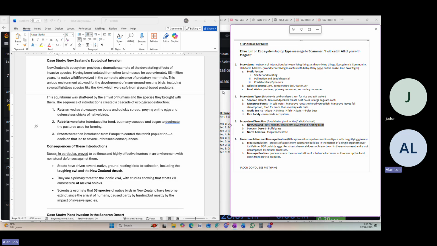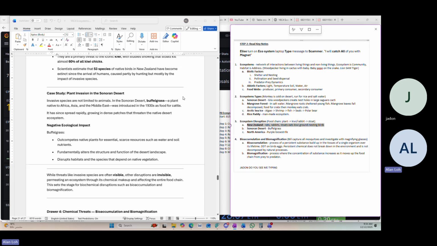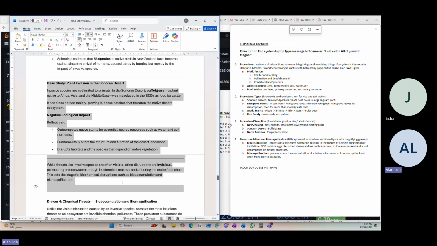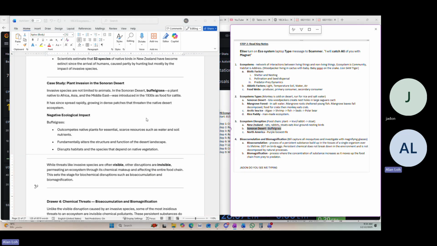Okay, done. So let's go to the next part. This part is also drawer number 3, but on Sonoran Desert. Let's do it.